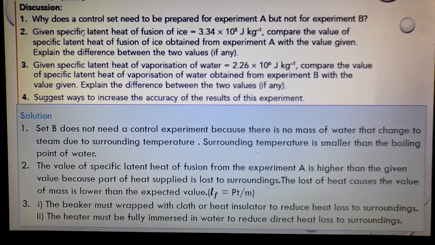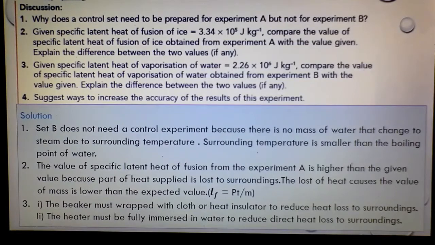Number 2, given the specific latent heat of fusion, compare the value of specific latent heat of fusion obtained from the experiment and the value given. Explain the difference between the two values, if any. So number 2 and 3 are the same. The question is quite the same, so the reason is quite the same.